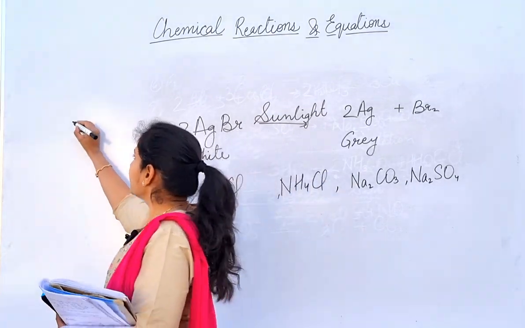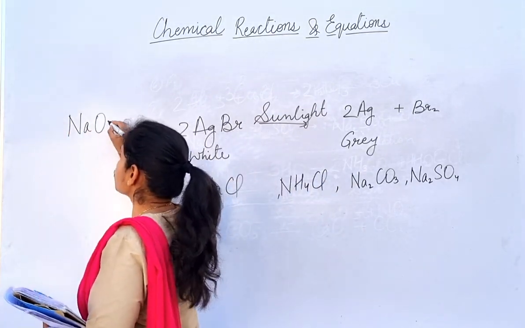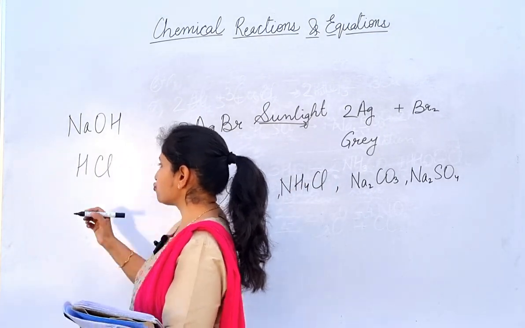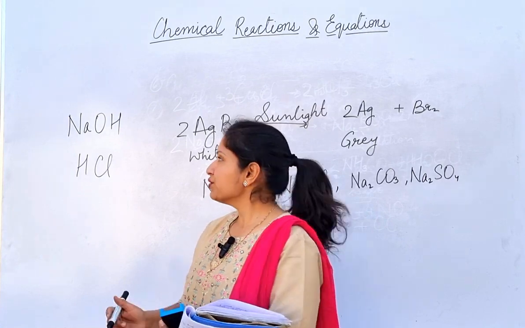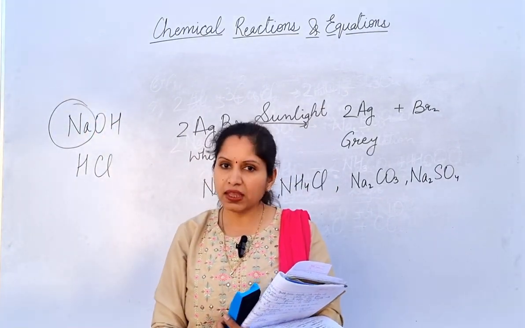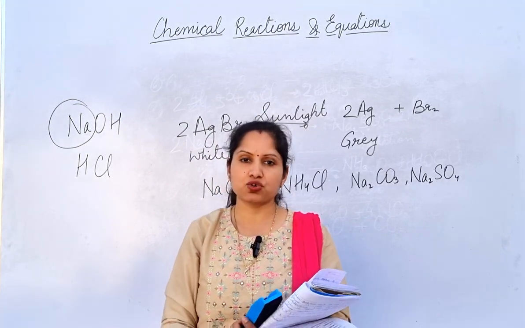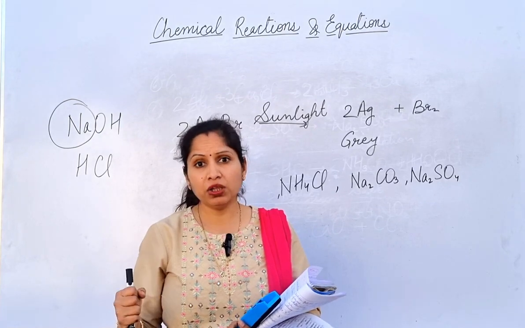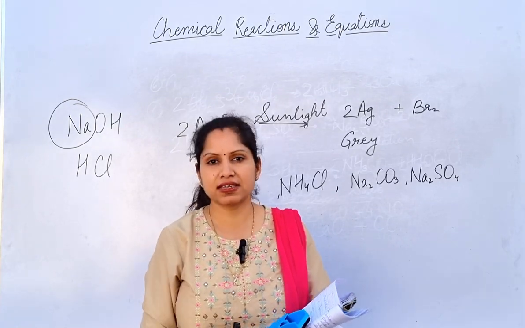So remember, NaOH is a very strong base. HCl is a very strong acid. So if that salt contains sodium, it means it is a basic salt. NaOH is a very strong base, so that will make the salt also basic in nature.